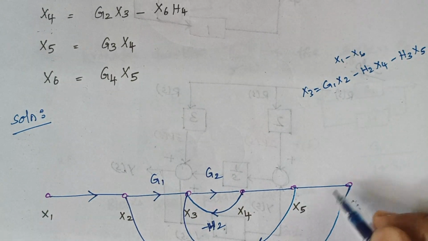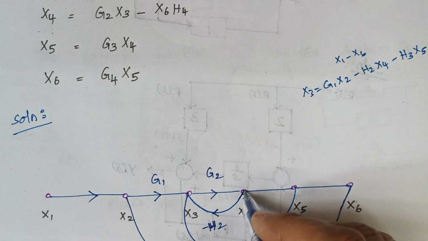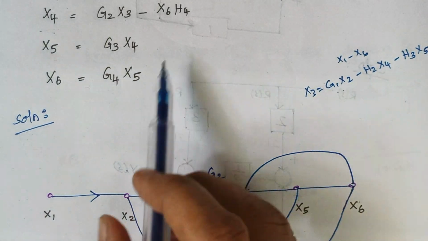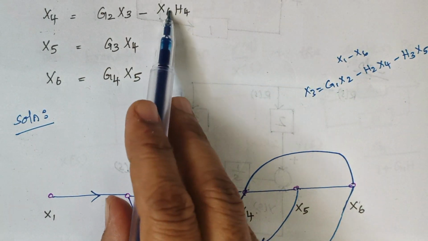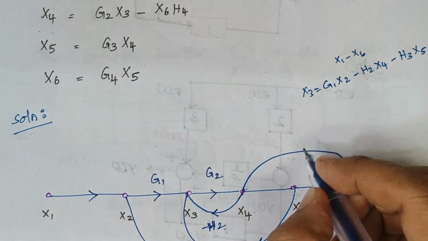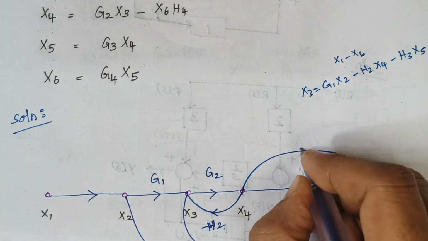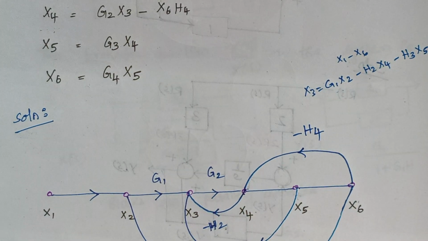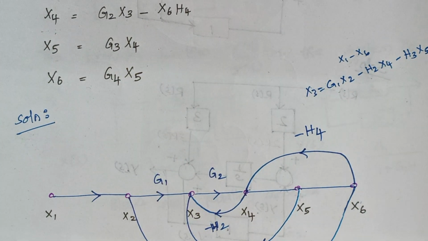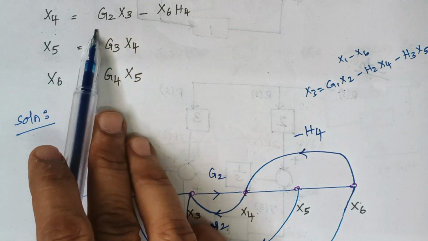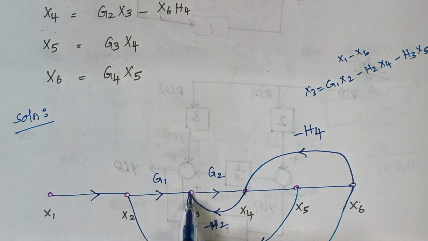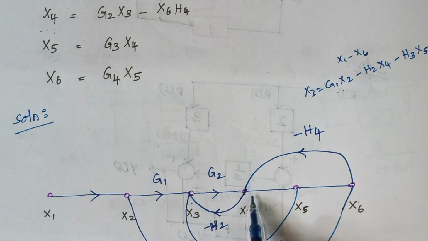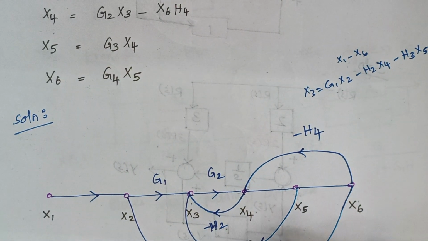So from x6 to x4 you draw a path, and here the value of the signal which is included is minus h4. So x4 is given by g2 into x3 and again minus h4 into x6, right?